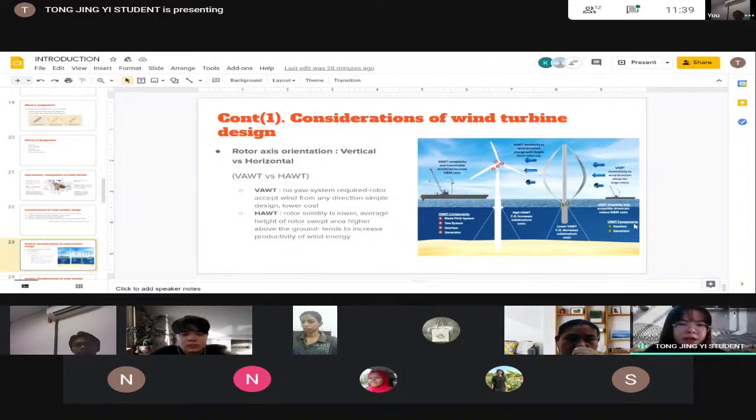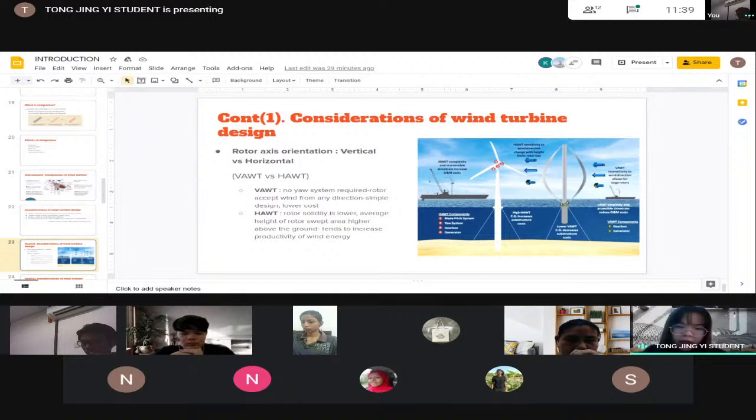Okay, next is the rotor axis orientation. As I mentioned before, what are VAWT and HAWT? The advantage of VAWT is that no yaw system is required. It means the rotor accepts wind from any direction, and due to its simple design, the cost is lower.